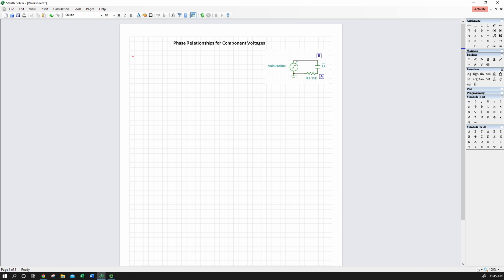The way we type in text with SMath is to put our cursor wherever we want it on the sheet, and then we can either just start typing and SMath will typically recognize that it's text, or we can do the double quotes, like a double apostrophe on the keyboard, and it will bring up a text box. At this point, SMath is saying, this is just text. We're not defining any variables.